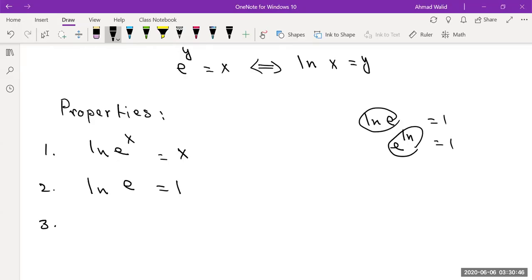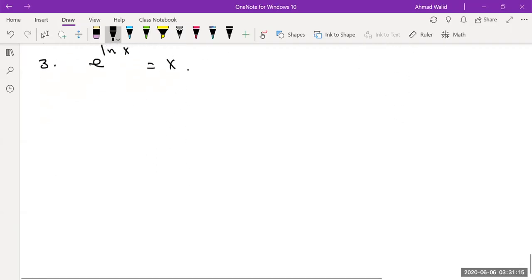Number 3, if you have e to the power of ln x, when you see e and ln close to each other, this part becomes 1, then your answer is x. These 3 you have to memorize. The rest, numbers 4, 5, 6, the product rule, the quotient rule, the power rule, all of them are the same as logarithms, correct?